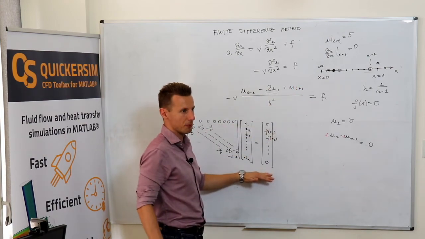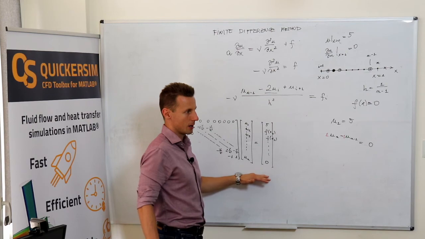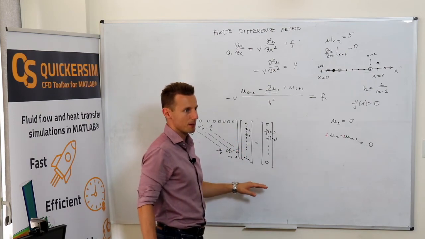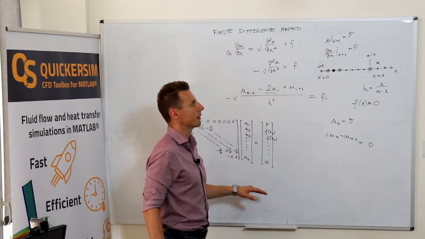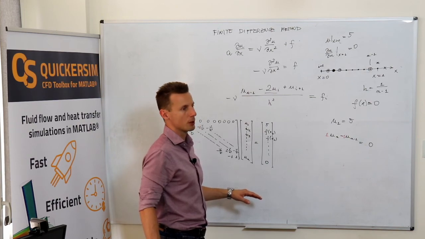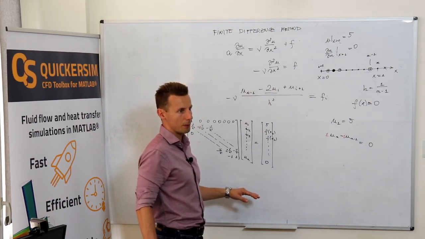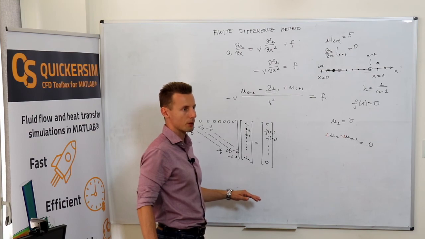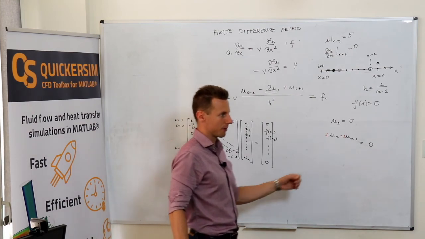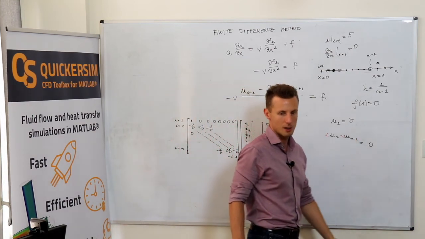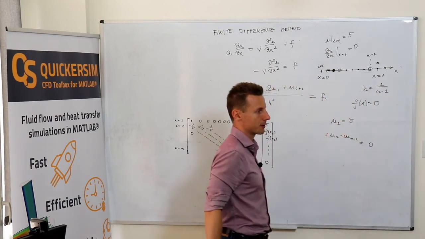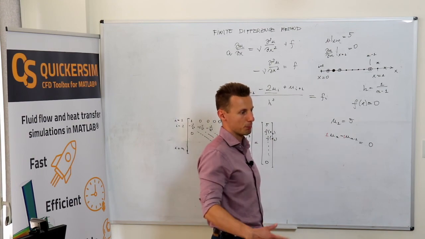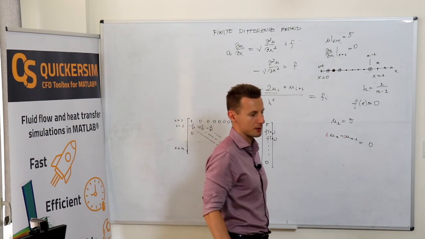I will skip this derivation right now, but it's a smart concept because we come to that during discussing the finite volume method, where you will see that very, very often the boundary conditions in finite volume method are implemented using the concept of ghost cells. So basically, the cells that do not exist in the mesh, but are artificially added to mimic the presence of the solution on the other side of the boundary.